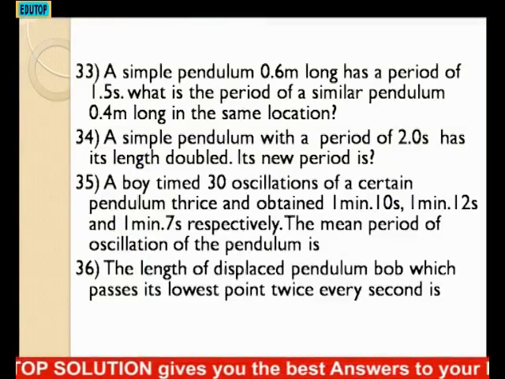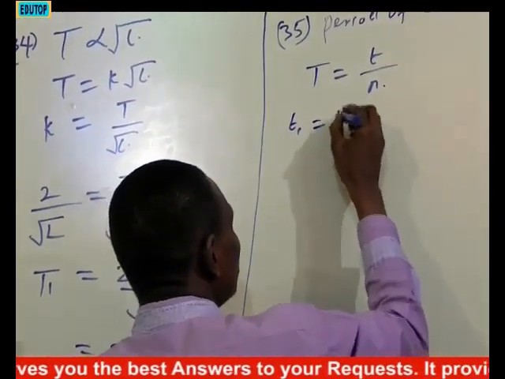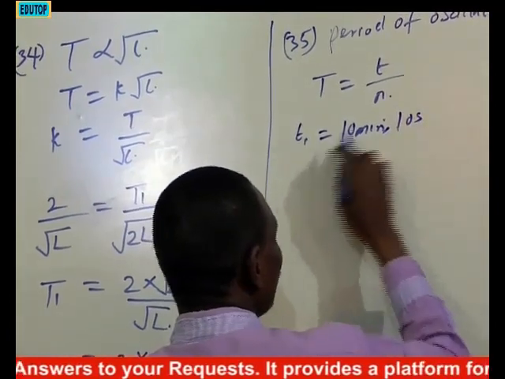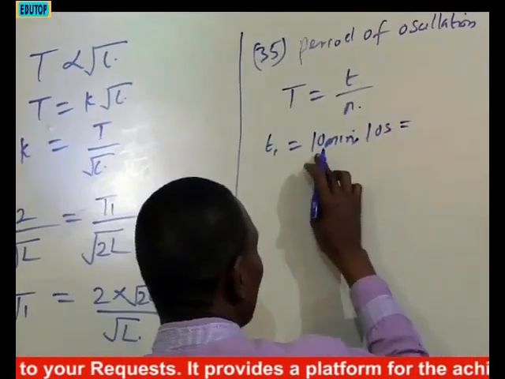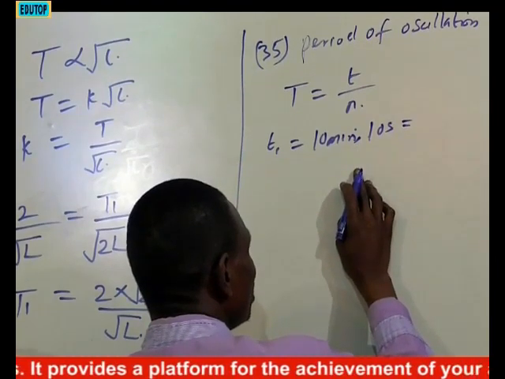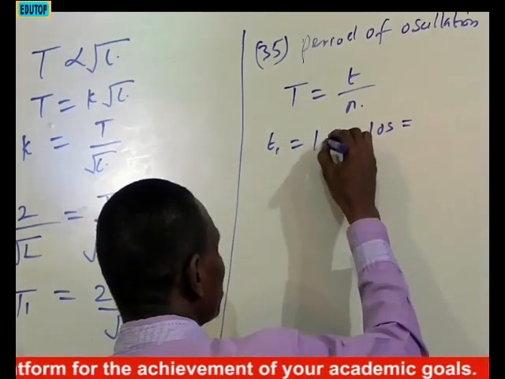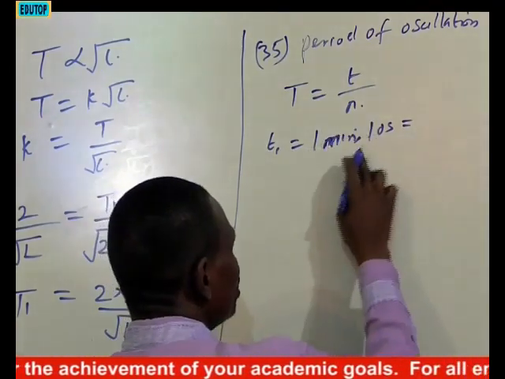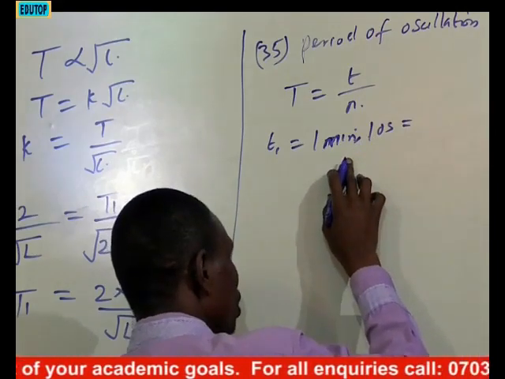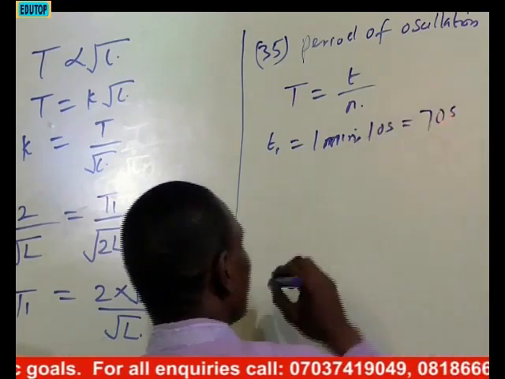In this case, we are given different values. We have 1 minute 10 seconds for the first time, when we call it T1. If you take this to seconds, 1 minute is equivalent to 60 seconds, plus 10 seconds, we have 70 seconds.